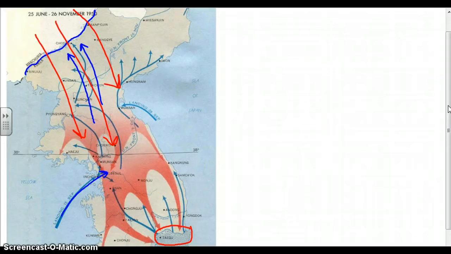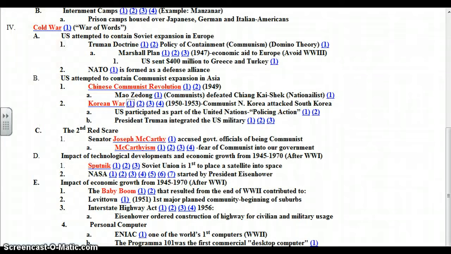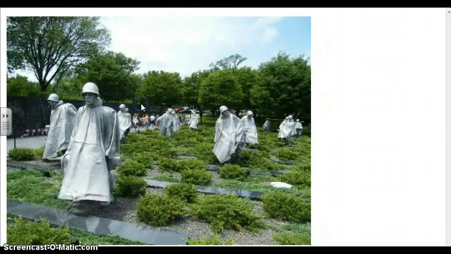So basically, the Korean War ended in a tie, a stalemate. Neither side achieved victory, but the United States claimed victory because it had stopped the spread of communism.